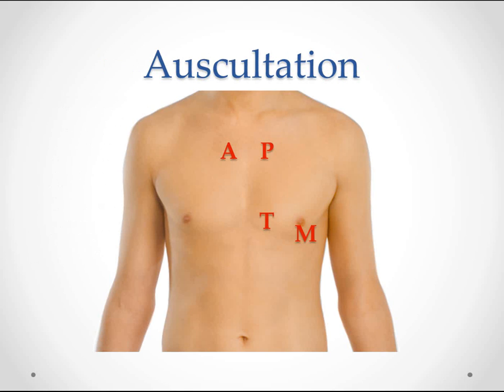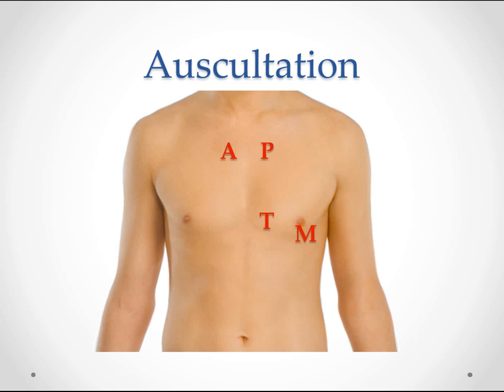So when somebody comes into the office and we do a physical exam, we auscultate at the four traditional points for auscultation of the heart. On the right side, below the second rib, right next to the sternum, we have the aortic valve listening post.